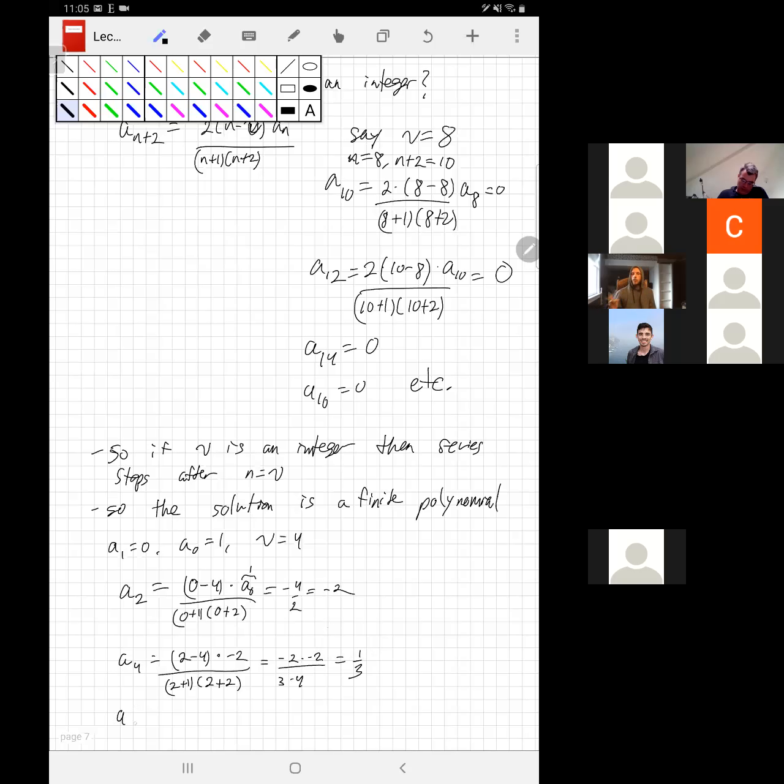And then A6 would be 4 minus 4 times 1/3 over 4 plus 1 times 4 plus 2. And that is equal to 0, and the series stops. So yes, it would alternate.